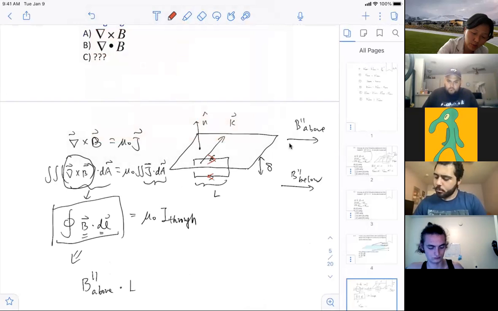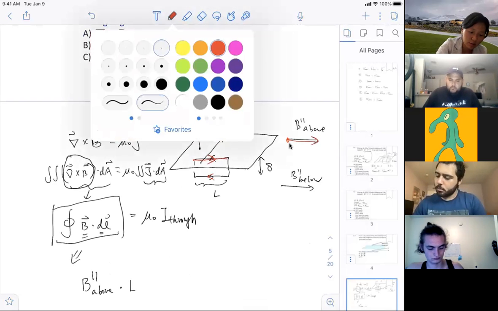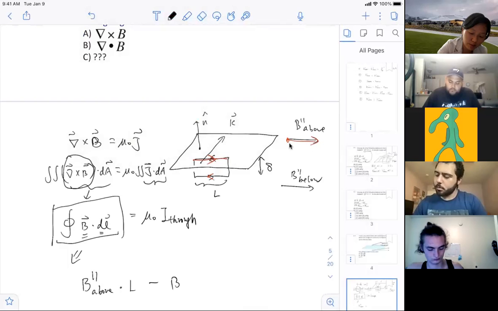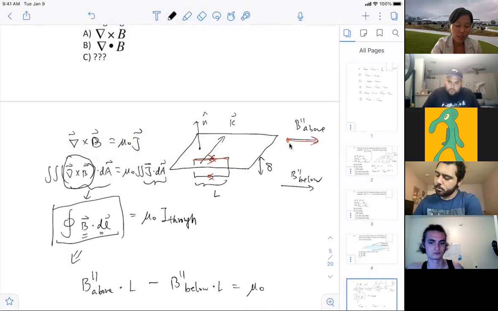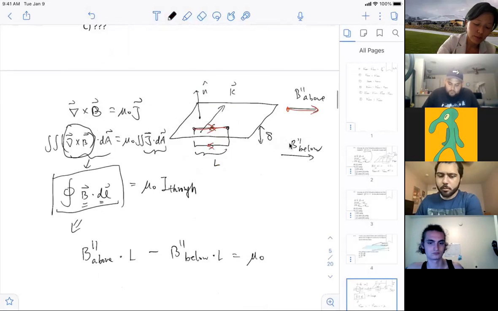Let's do the circulation this way so that the choice of the above parallel is the same as my choice of the integration. So minus the below times L is equal to mu naught I. Here my current is running perpendicular through some length L. So this is the sheet.